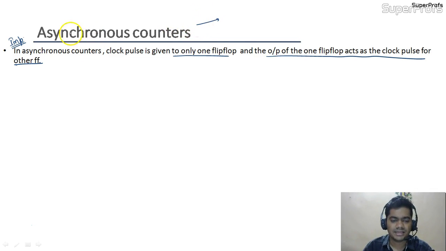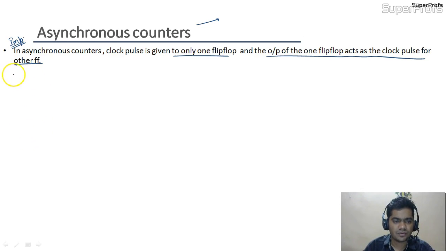One very important point is that in asynchronous counters the clock pulse is not given simultaneously. The clock pulse is given to one flip-flop, and the output of that flip-flop is given as the clock pulse to the other flip-flop.